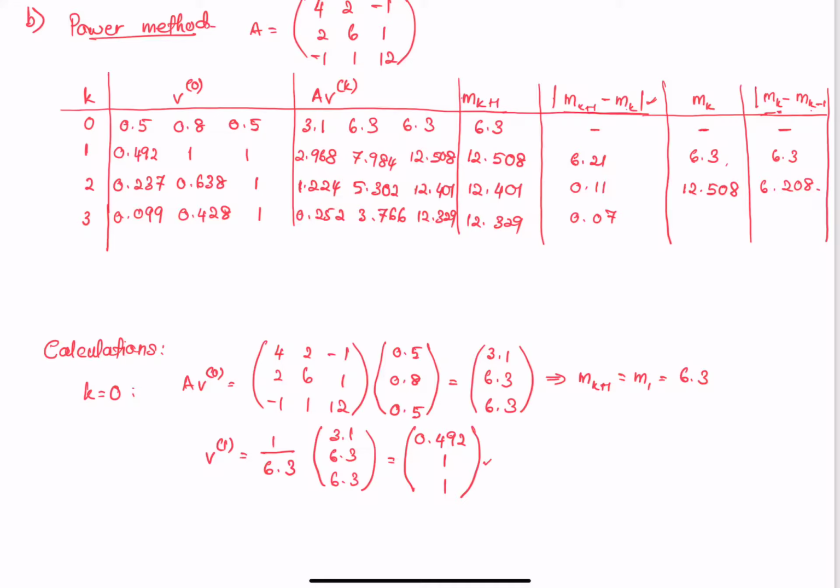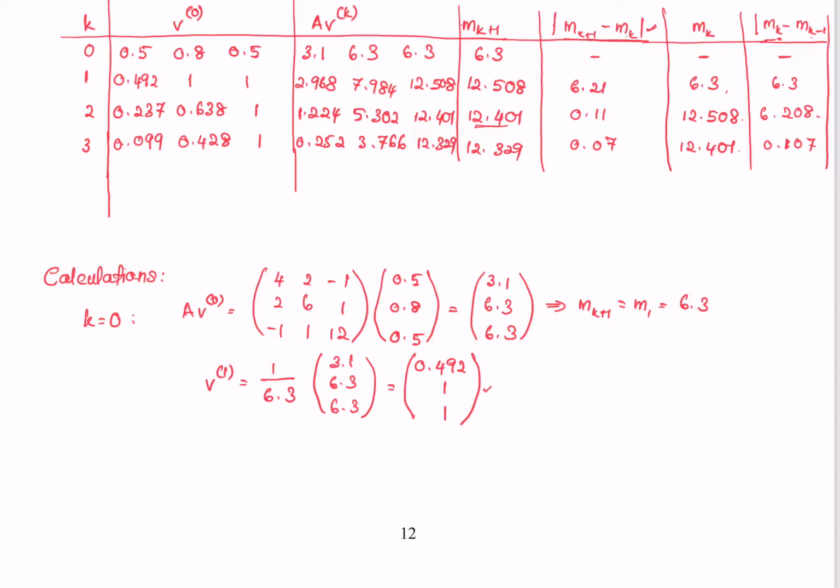While now our M_k, k equal to 3, our M_k is 12.401, which is this one. And then M3 minus M2, you will get 0.107. And then meaning that we cannot stop.